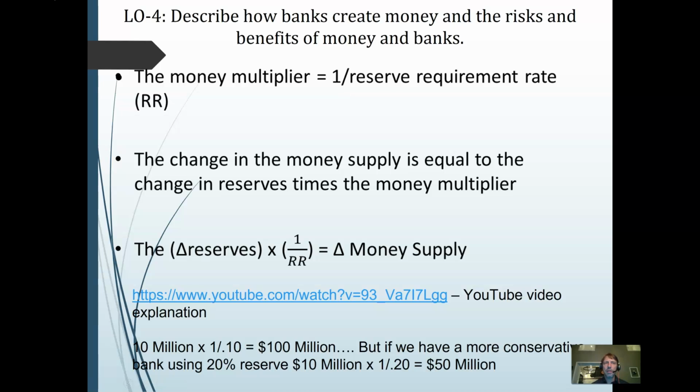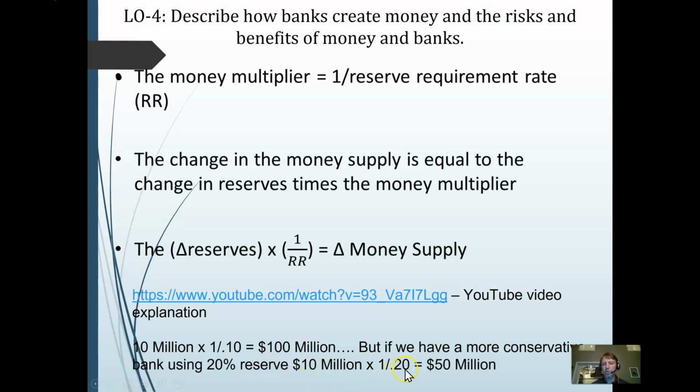If I put $1 million into the bank, it can turn that into $10 million using the reserve process that we were just looking at. As they make one loan, keep 10%, loan the other 90%, keep 10%, reloan another 90%, and do that until they've turned 1 million into 10, or in this case down here, 10 million into 100. Most banks are more conservative than that. So they might use a 20 or 30% reserve.